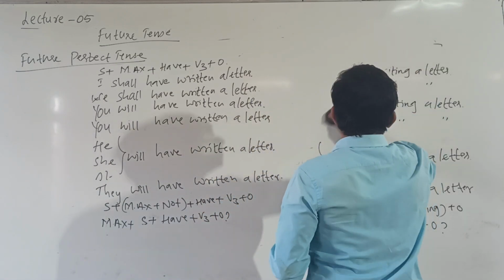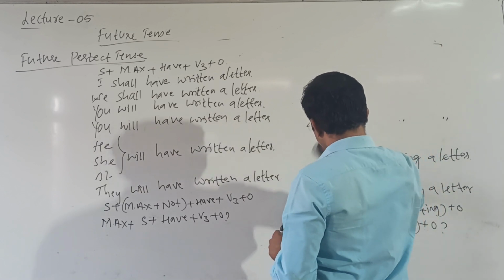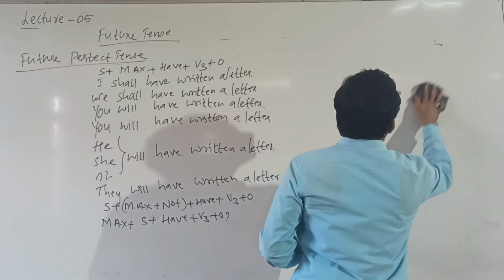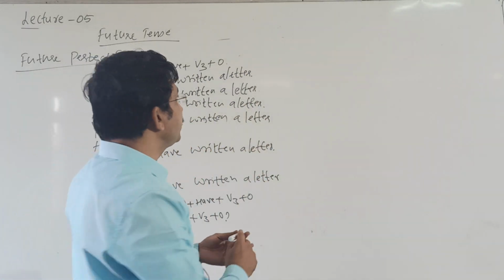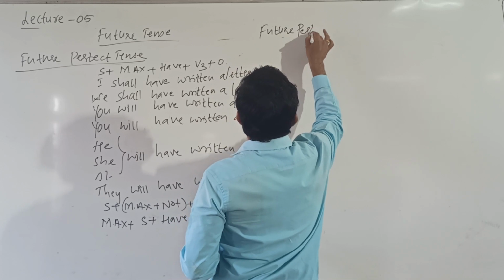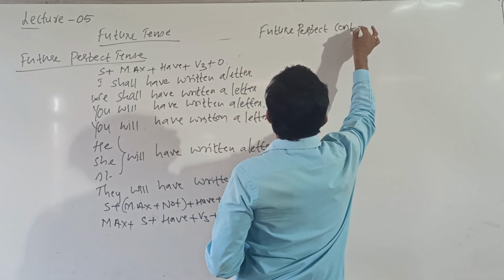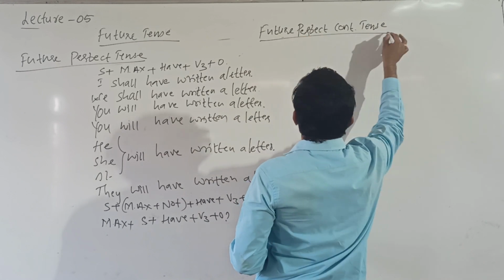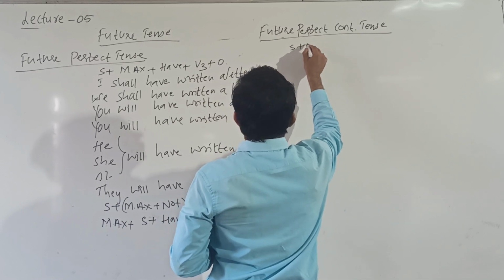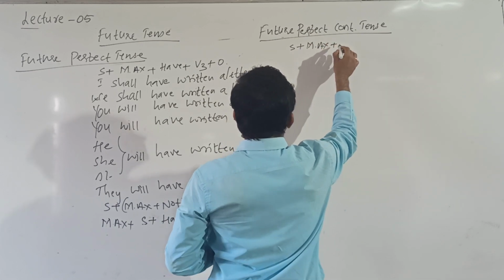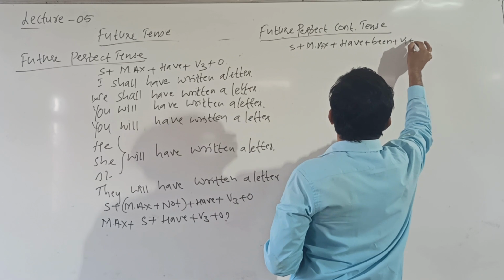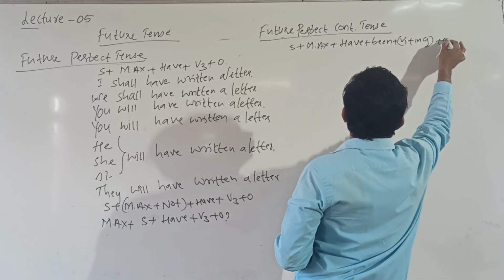Future perfect continuous tense. Here, subject plus modal auxiliary plus have plus been plus V1 plus ing plus object, is its structure.